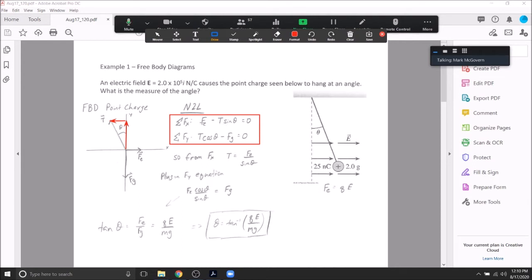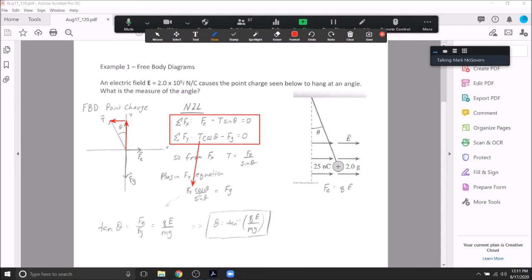So tension from the x equation is Fe over sine theta. I plug that into the y equation, which is what you see right. Oops, that's not an arrow. That's not an arrow. Son of a gun. There's the arrow. So I plug into the tension here, and then I can create this ratio, right?